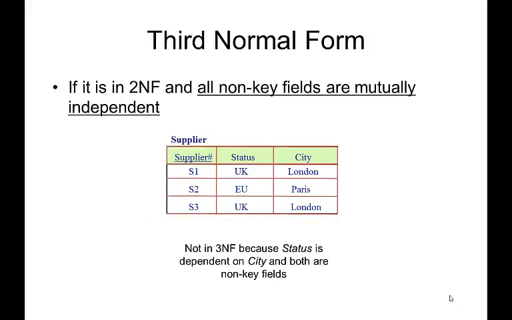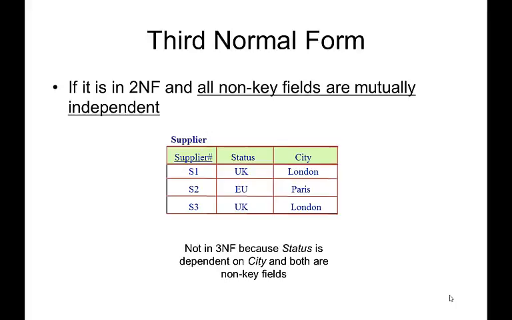Third normal form. A table is in third normal form if it is in second normal form and all non-key fields are mutually independent of one another. So, here's our supplier table: supplier number, status, city.